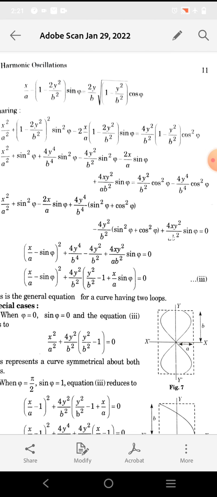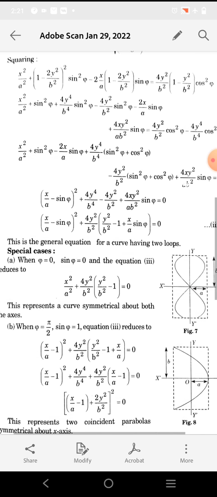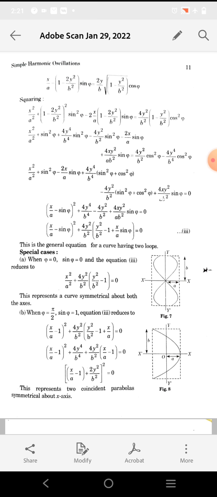The square and root cancel on the LHS side, and on the right 4 y square by b square, the square root is cancelled, leaving 1 minus y square by b square into cos square pi.